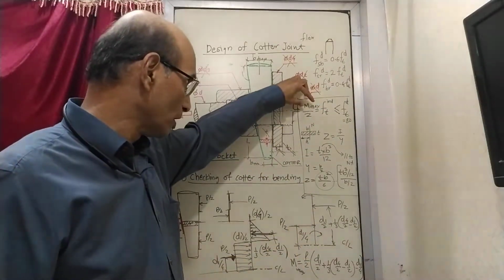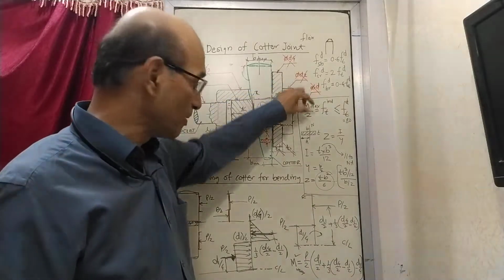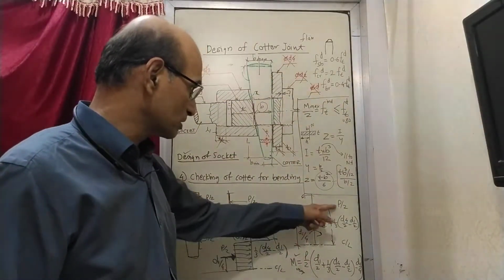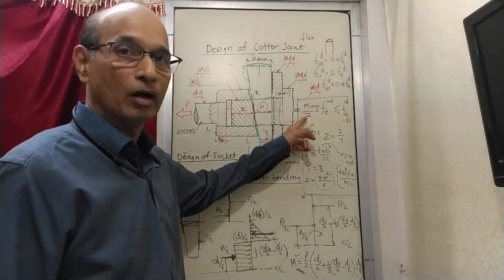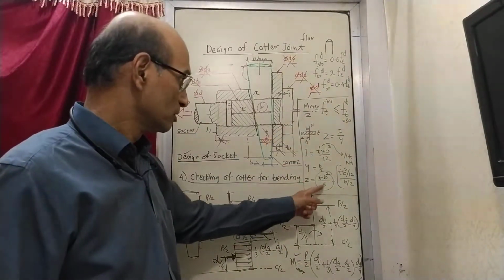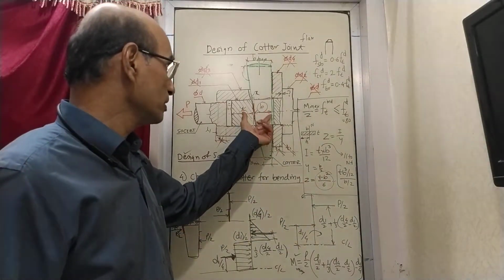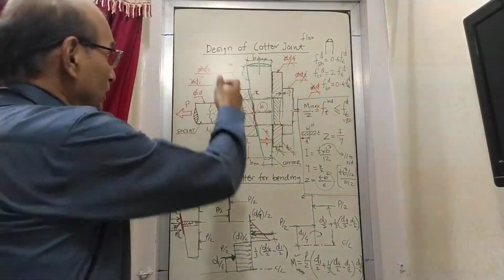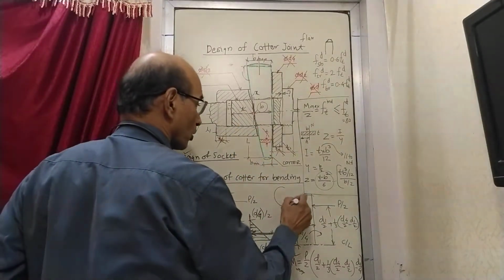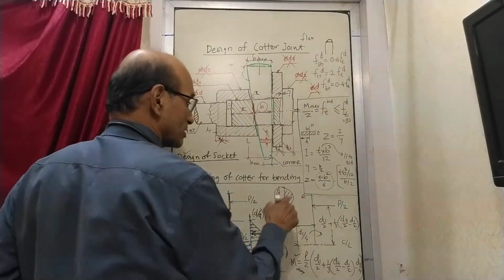Or maybe you have to reduce M. But this M you cannot reduce because all these sizes are already final. So how can you increase the value of Z? You can increase the value of Z by increasing B or T. This is B and this is T. If you increase T, what will happen? If you remember, in the calculations many times we have drawn a section like this as a resisting area.